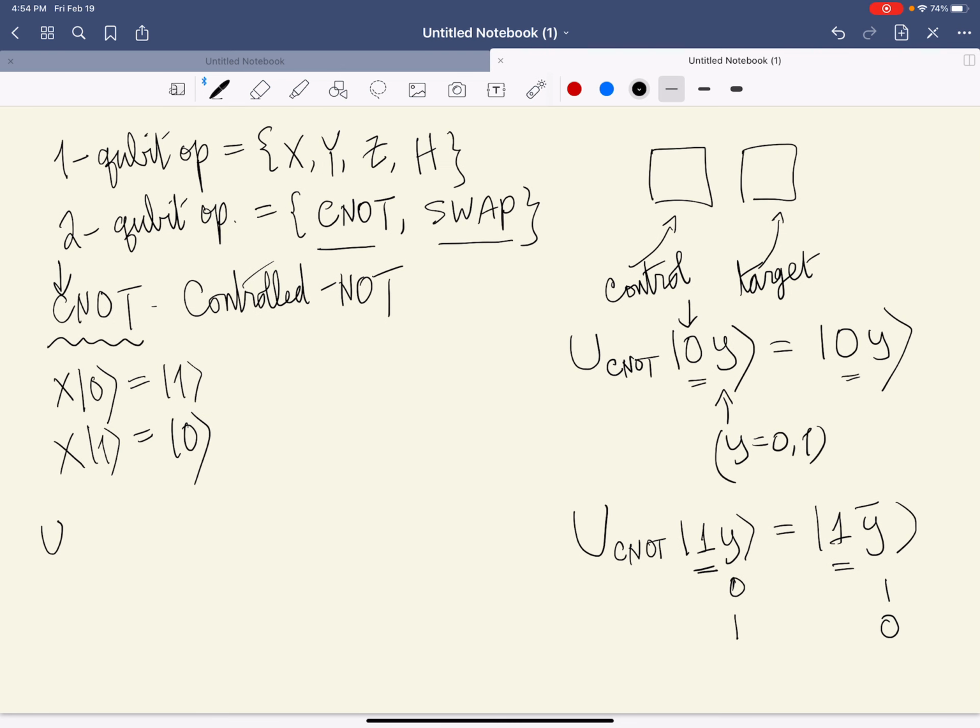So a mathematical way of writing that all down is as a tensor product. If the first qubit is in the 0 state, then the operation on the second qubit is just an identity, it does nothing. But if the first qubit was in the state 1, then the action on the second qubit is represented by the X operator, which is the negation.